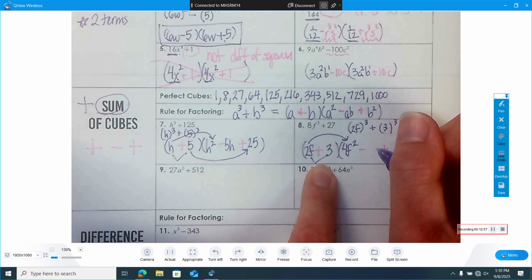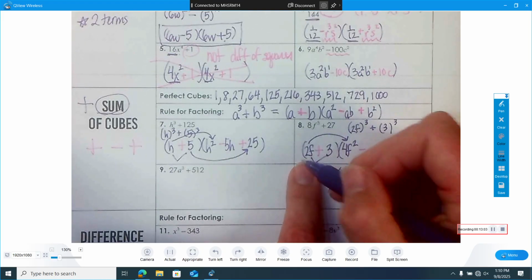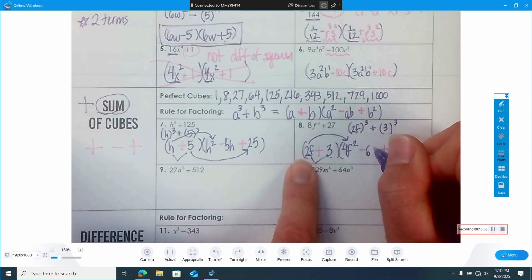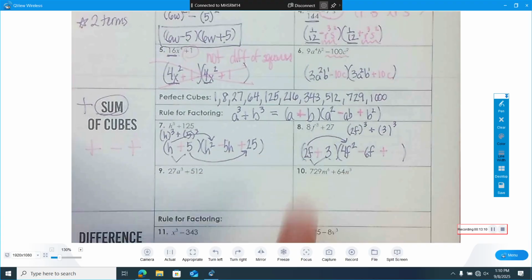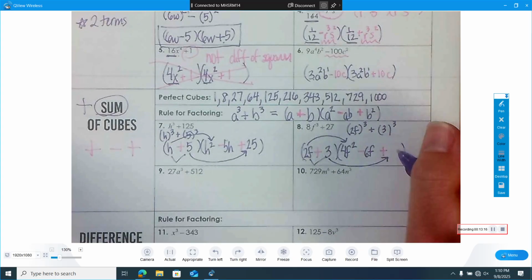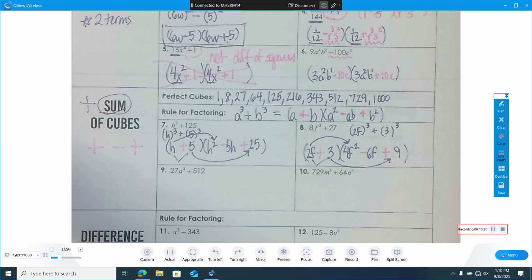Say it again. How about 6? 2 times 3. We just multiply 2 times 3 to get 6f. Yes. Very good. All right. And then square the last thing, we get 9. And we're done. Square the first, multiply in the middle, square the last.